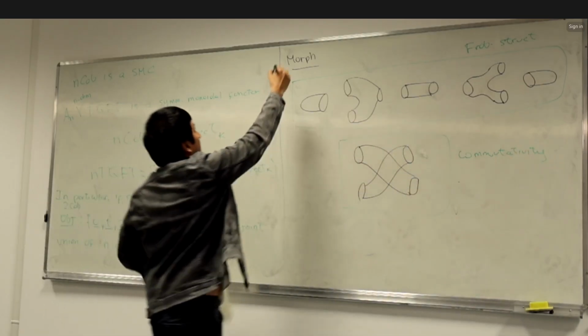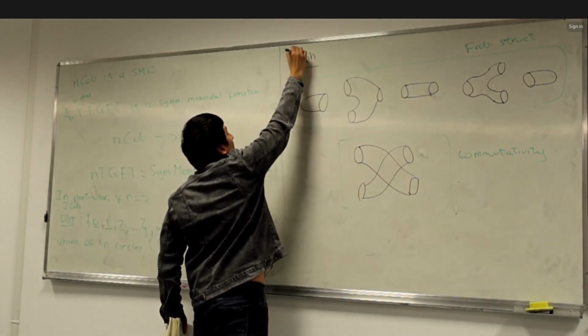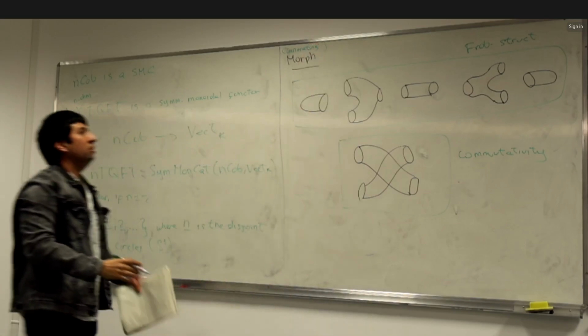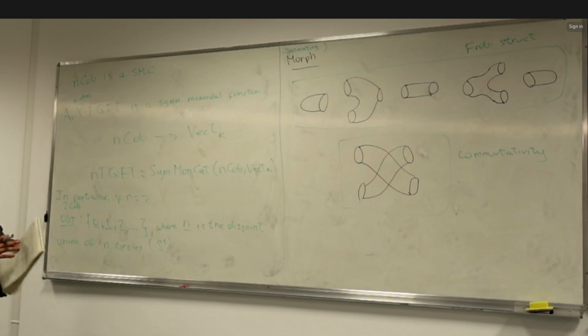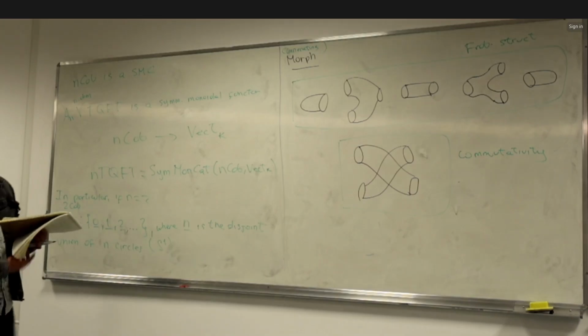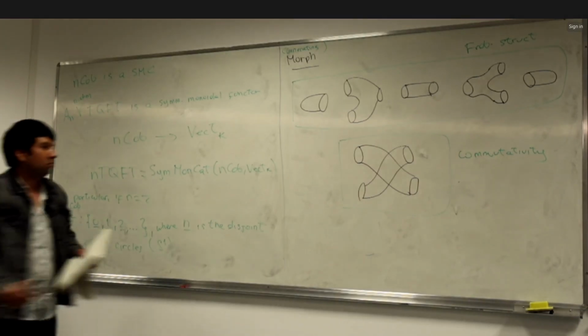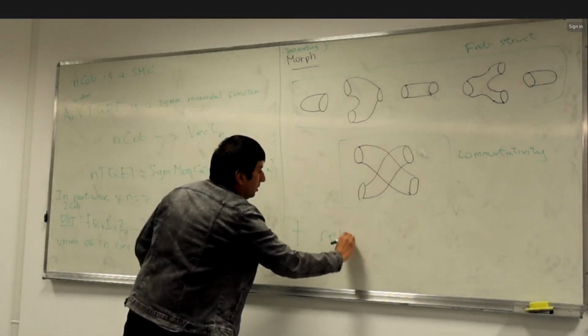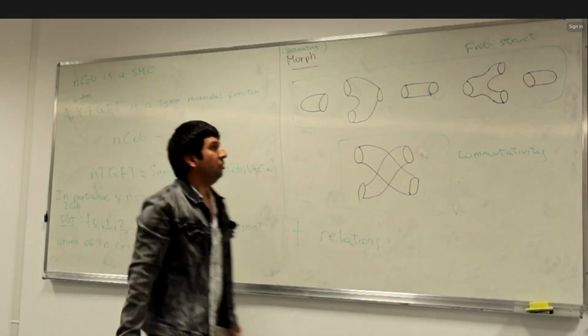Well, these are the generating morphisms. And we can obtain all morphisms in this category by gluing these morphisms, plus some relations that are given by the Frobenius law.